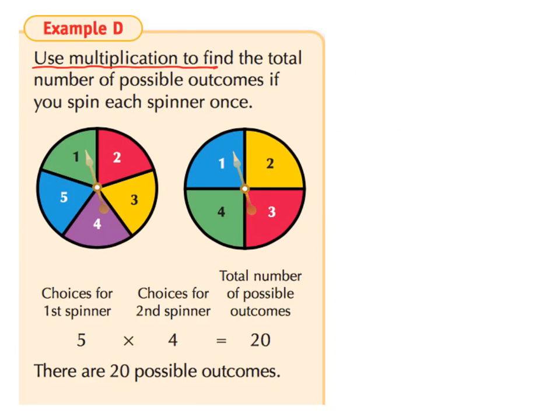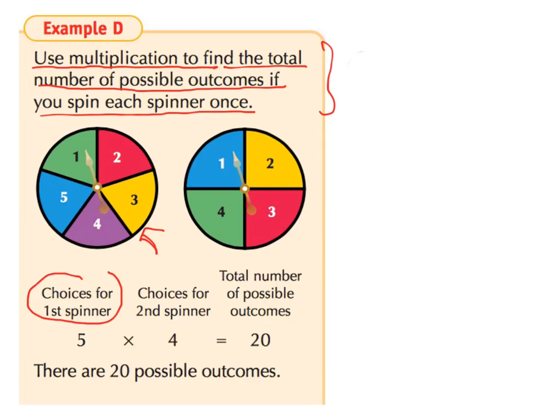Use multiplication to find the total number of possible outcomes if you spin each spinner once. We will use multiplication. What is this principle called? It's called the counting principle. Remember that? Now in the first wheel, what are the choices for the first spinner?